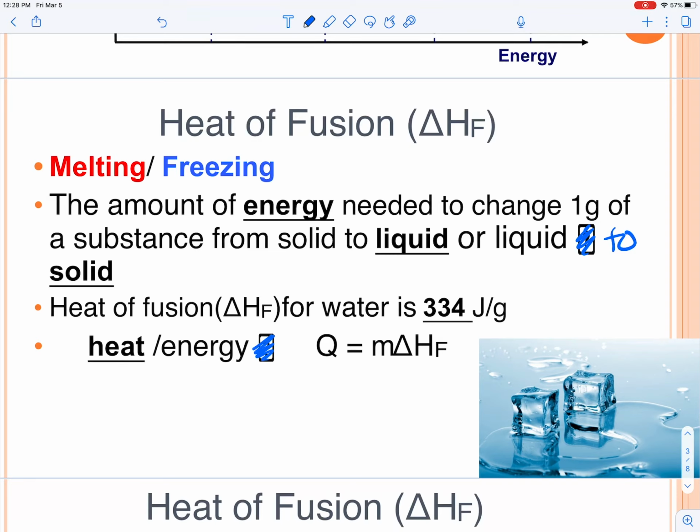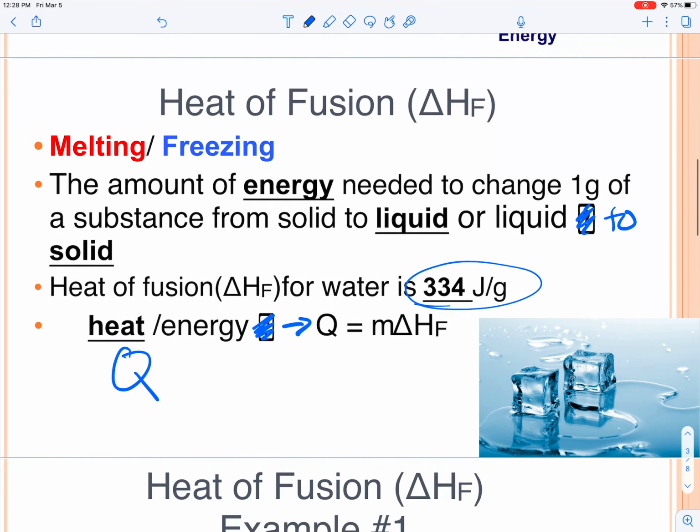Q is heat energy. We're going to use Q to represent energy. And we've got this formula, Q equals mass times delta HF. Pretty straightforward equation. And delta HF will always be this number, 334 joules per gram.